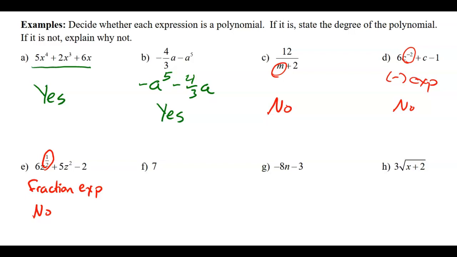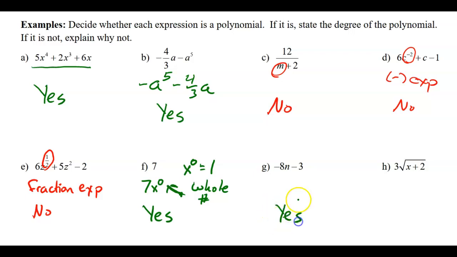This one is tricky, the 7. That is actually a yes, and it's because we need to remember that x to the 0 is 1. So I can write this as 7x to the 0. So essentially, whole number. So adding in that 0 as a possibility. Okay, this one is yes. It's already in standard form.